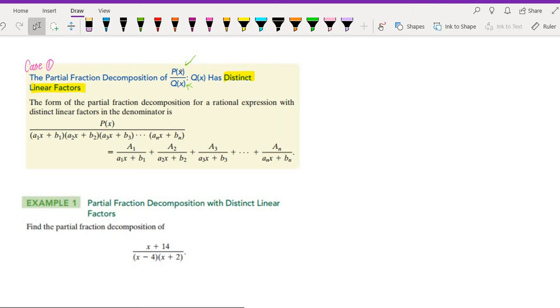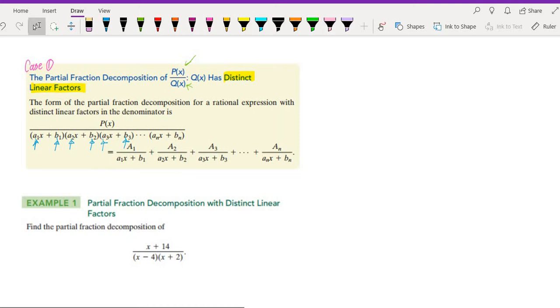There's no x squared. So if we have p of x over this whole thing, a sub 1 x plus b sub 1 times a sub 2 x plus b sub 2, and so on, where a sub 1, b sub 1, all these are just some constants. Then this is going to equal capital A sub 1 over a sub 1 x plus b sub 1.